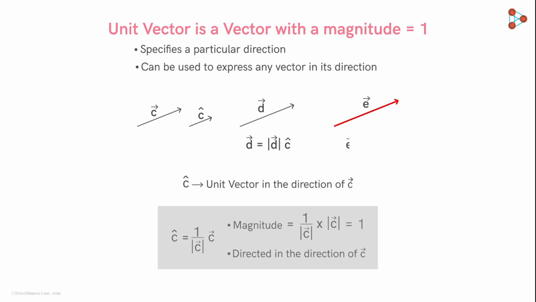Similarly, vector E will be equal to the magnitude of vector E times the vector C hat. And here as well, we could write the vector C to be equal to the magnitude of vector C times the vector C hat. So now the idea of a unit vector is very clear to us.